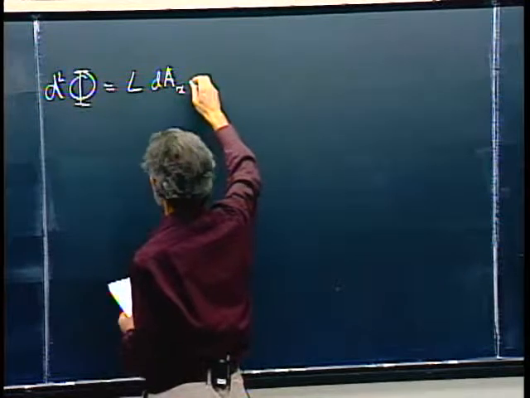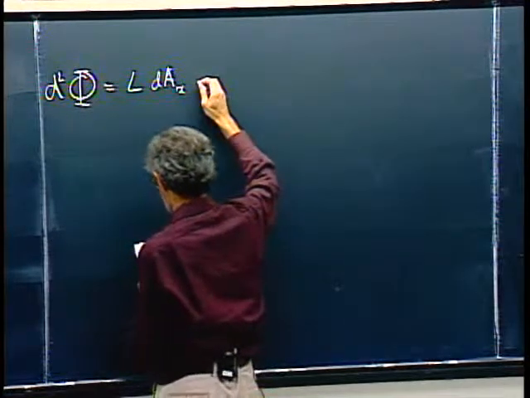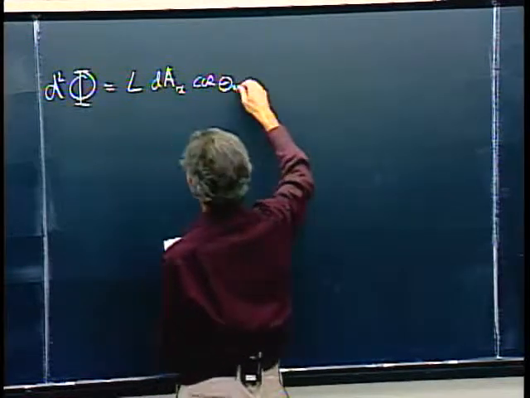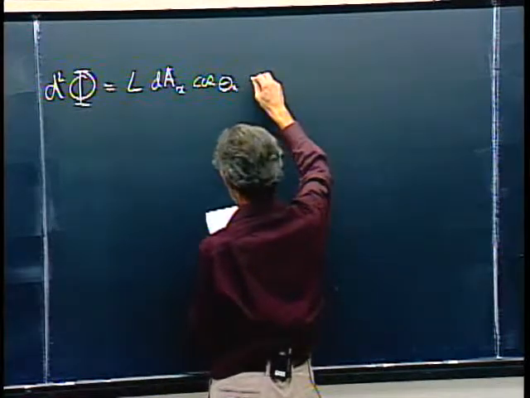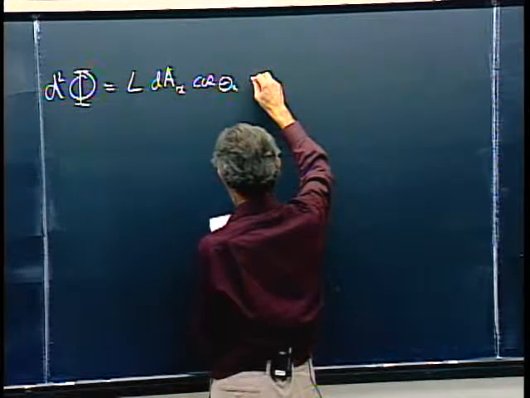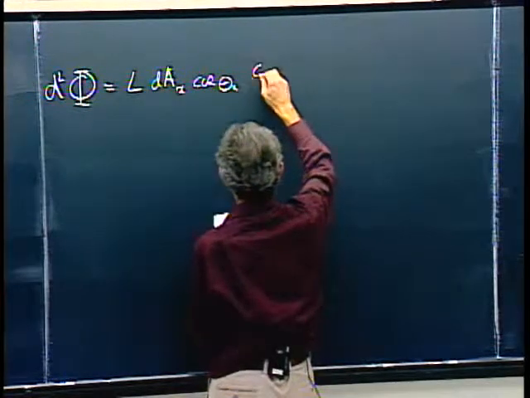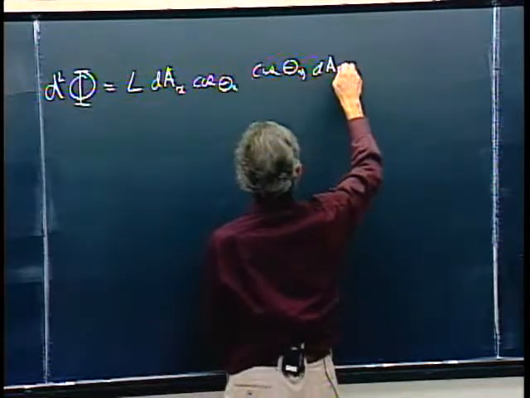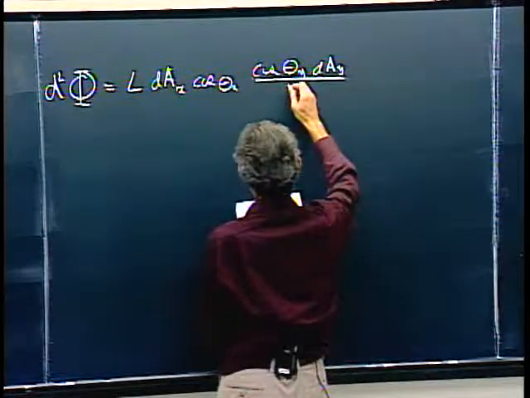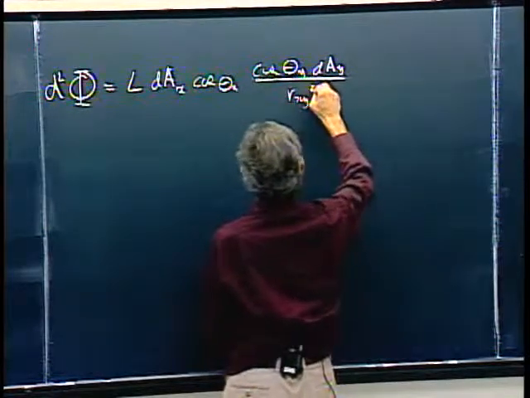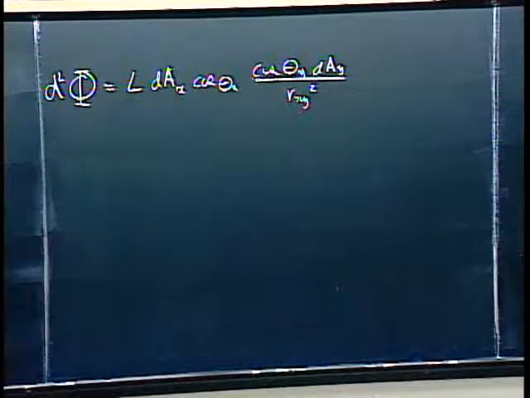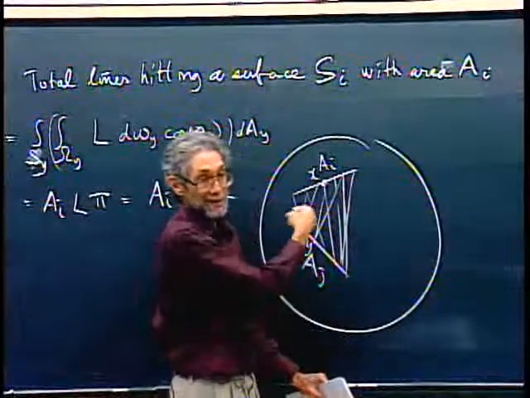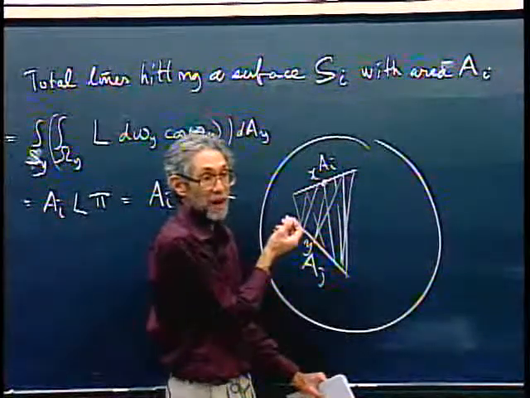And then times the solid angle, well, times cosine theta x, times now the solid angle dAy is going to be cosine theta y dAy over rxy squared. So now our x, say, is here, and our y is here. They're both inside, but otherwise, this argument is the same about the solid angles.